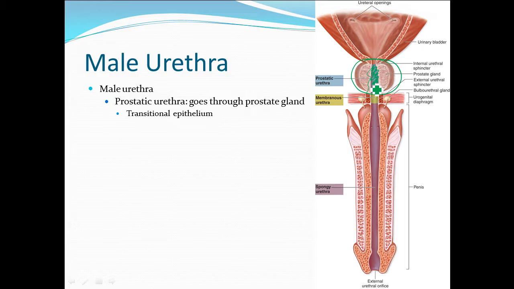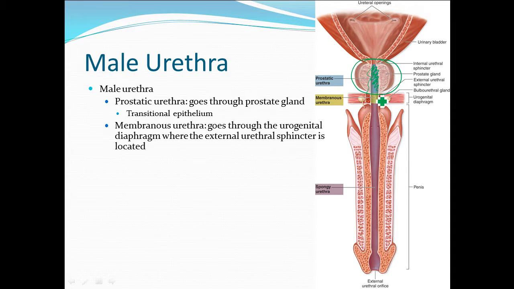And what kind of epithelium does the urinary bladder have? Transitional epithelium. Okay, so it's kind of like a continuation of that. The membranous urethra is located here. What do you call this structure over here again, that surrounds the urethra on either side? The external urethral sphincter directly around it. And what do you call the external urethral sphincter being part of?